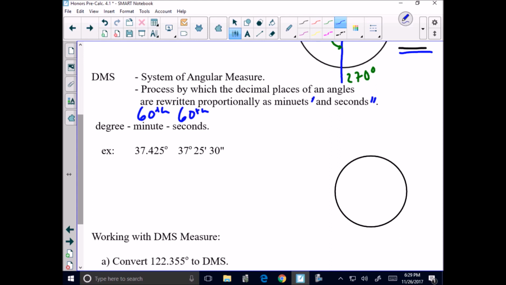So we've got an angle here of 37.425 degrees. If we come over to our circle and represent that as a central angle, we would say that that's a little bit less than half of 90 degrees, right?